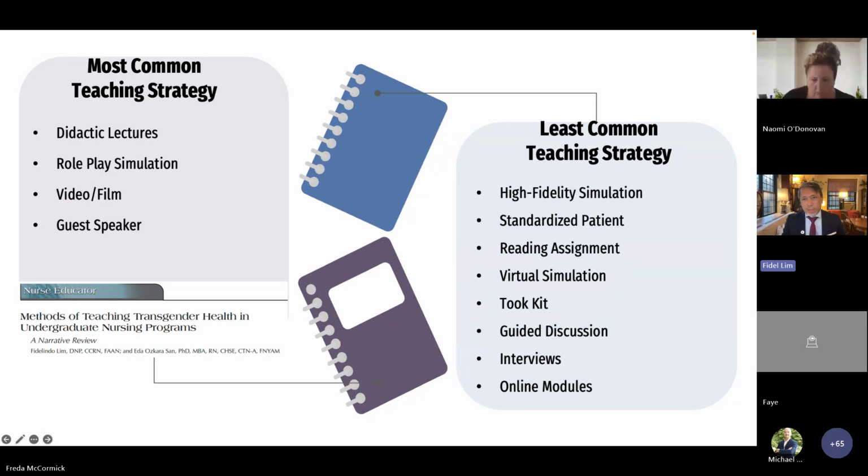So I want us to think about where can we find the expertise who's able to provide the type of educational experience that is more meaningful and more relevant. So whatever that might look like, standardized patients on the right side.